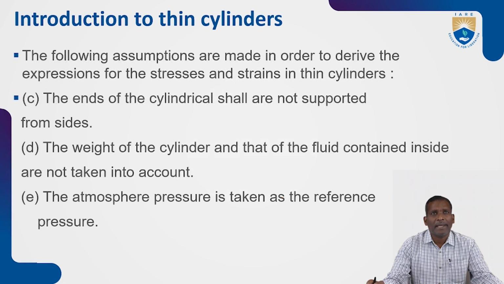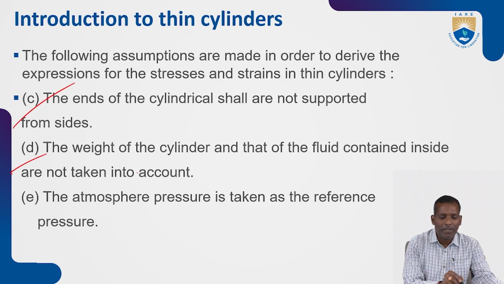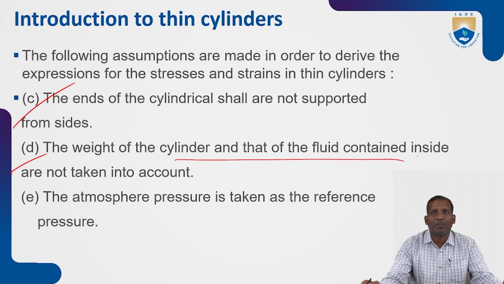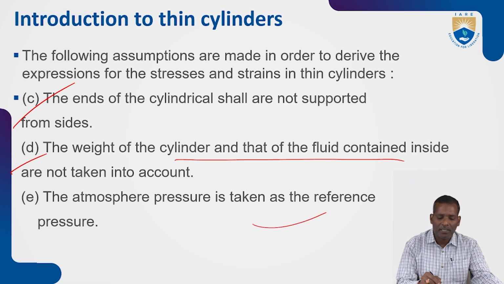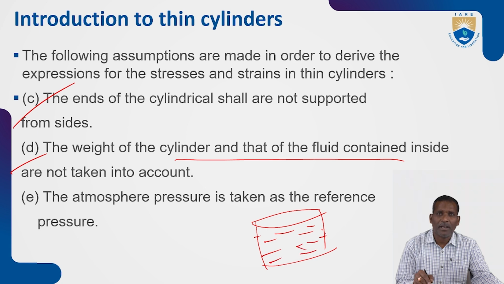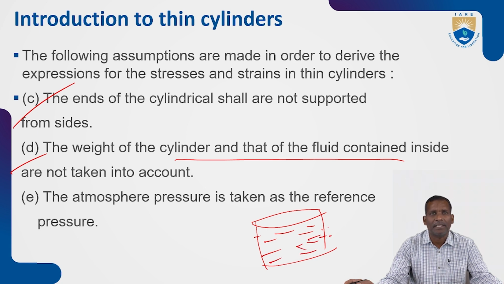Next assumption: the ends of the cylindrical shell are not supported from the sides. And the weight of the cylinder and that of the fluid contained inside are not taken into account. Whatever is contained inside the cylinder, any liquid or gas, does not matter. It is not taken into account.